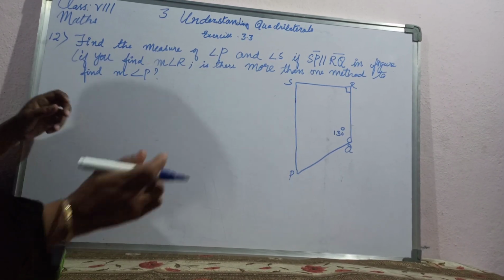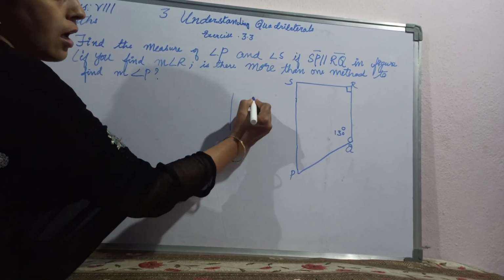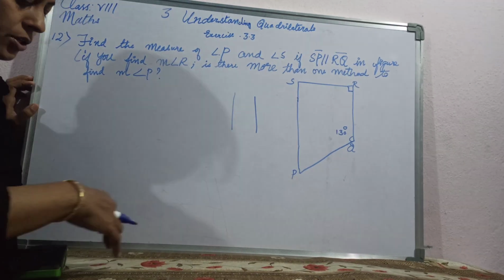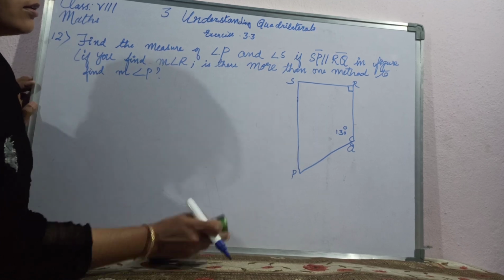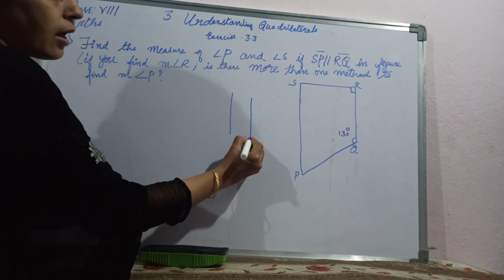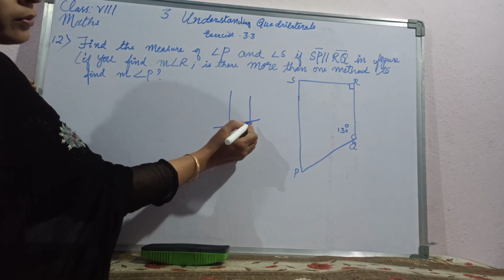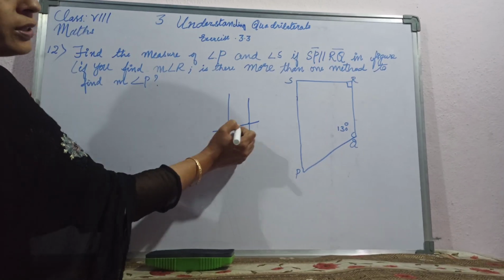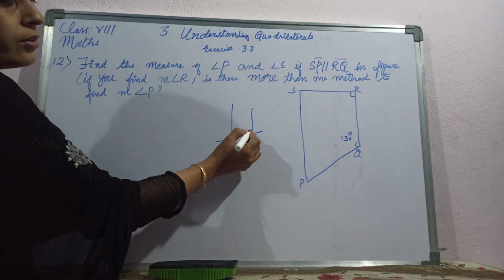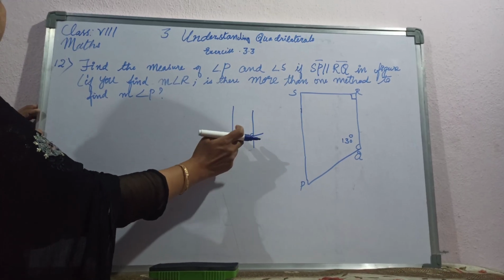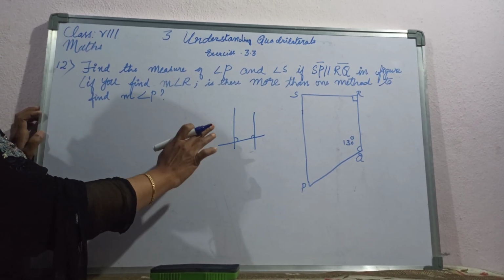As we know, if any two lines are parallel to each other, then the line cutting them is said to be the transversal, and the interior adjacent angles are supplementary.